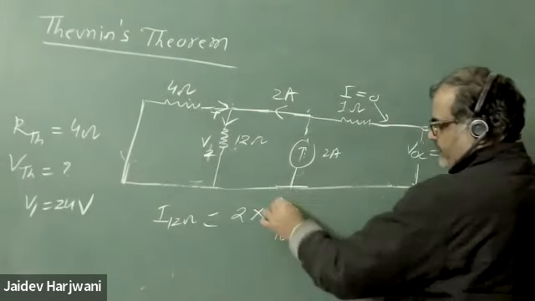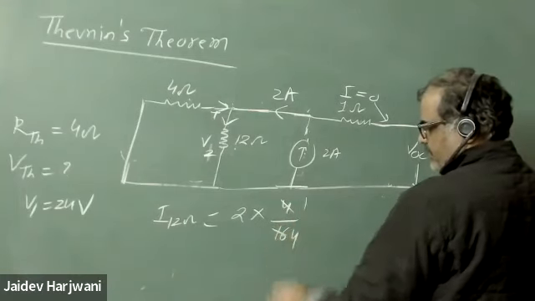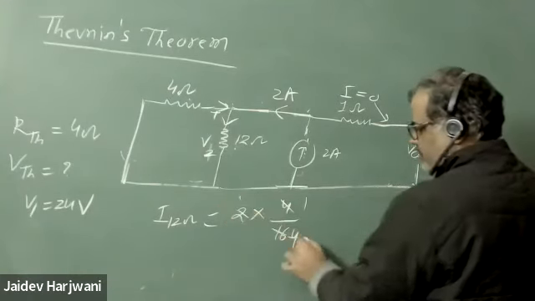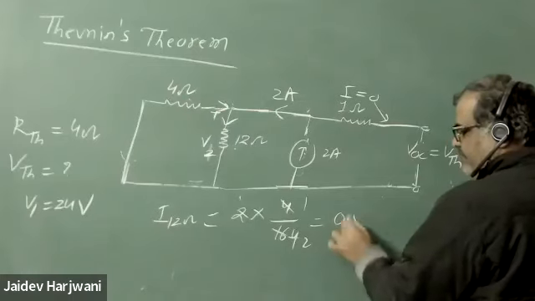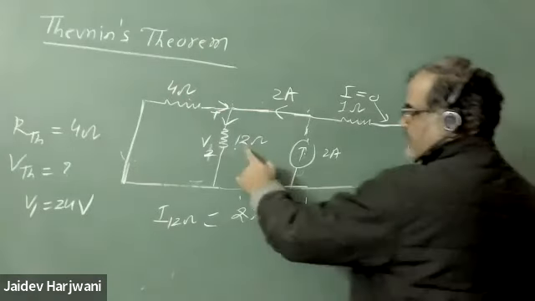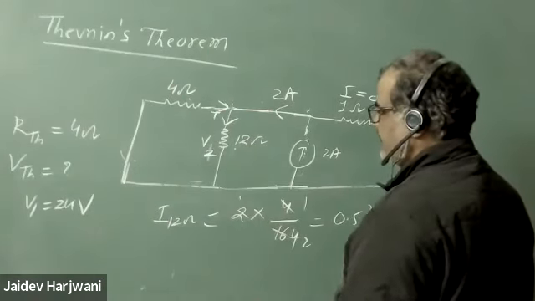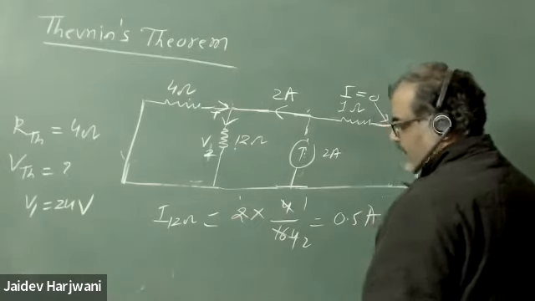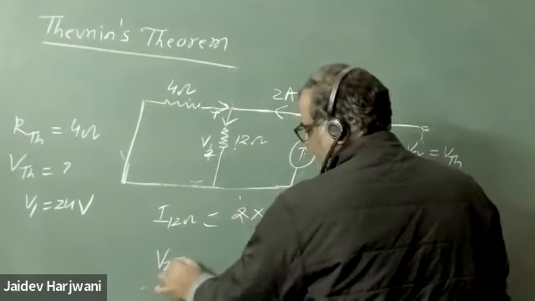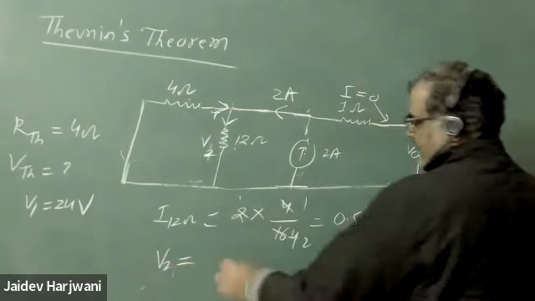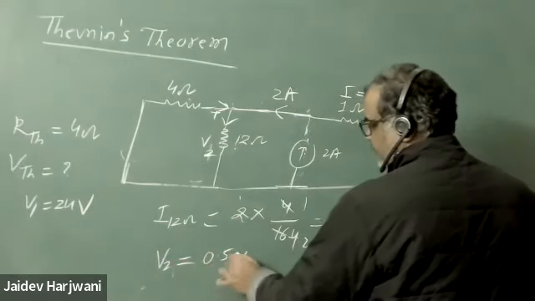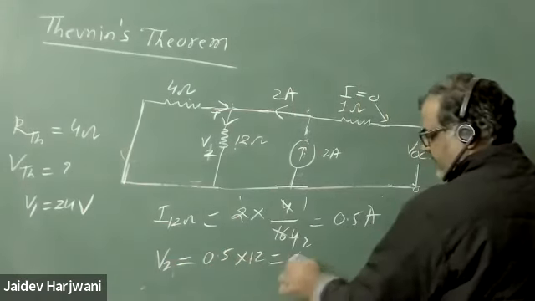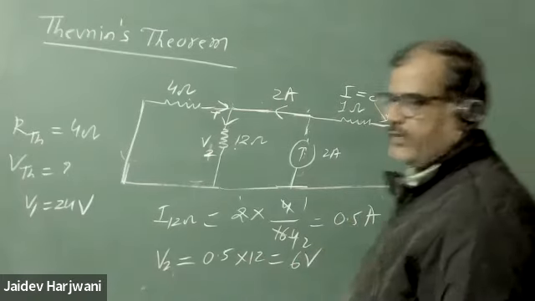So this is 1, this is 4, and this is 1, this is 2. So 0.5 ampere current flows across the 12 ohm resistance, and V2 will be in the same direction as V1. This becomes 0.5 into 12, which gives me 6 volts.